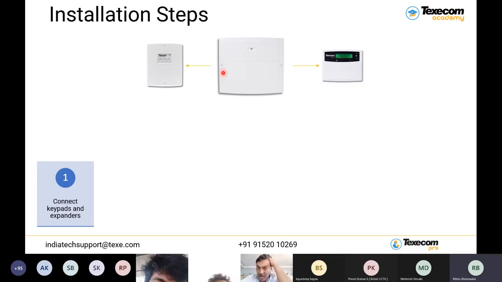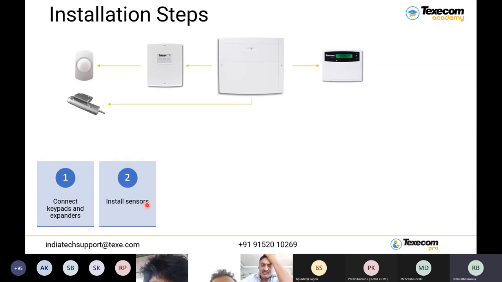So number 1, you connect the expander, and you connect the keypad to the control panel. Then number 2, you connect all your sensors. Here I am showing only 2 sensors, because of the limitation of size I cannot show all the sensors.